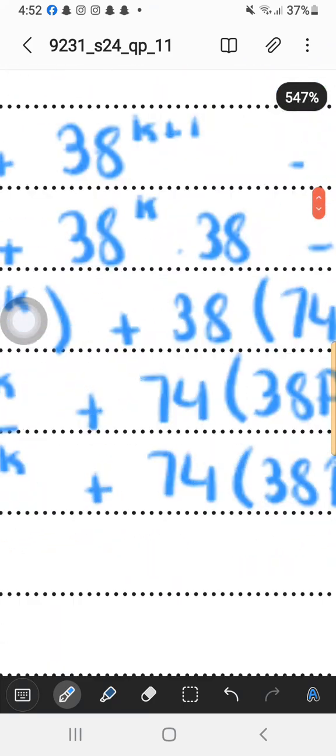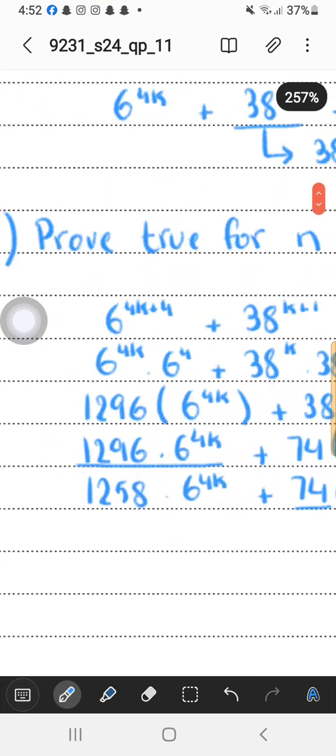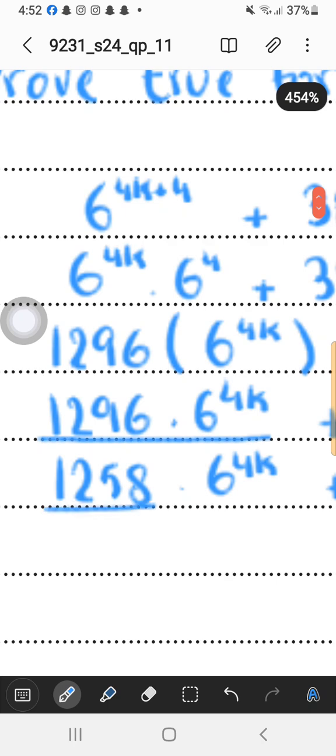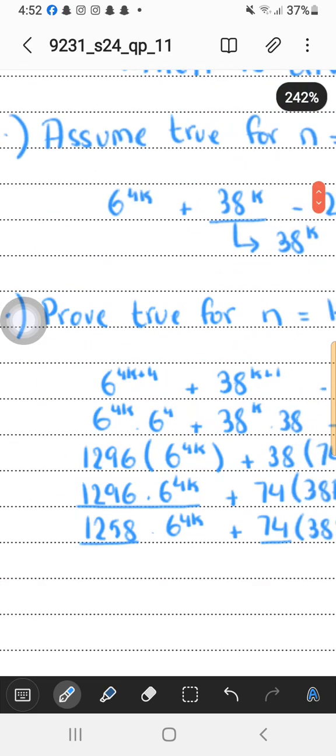Now we can see that 1258 is also divisible by 74. Yes, it is also getting divided by 74.